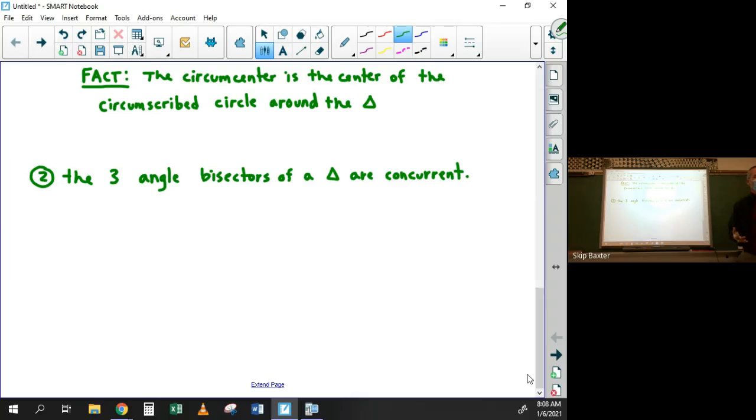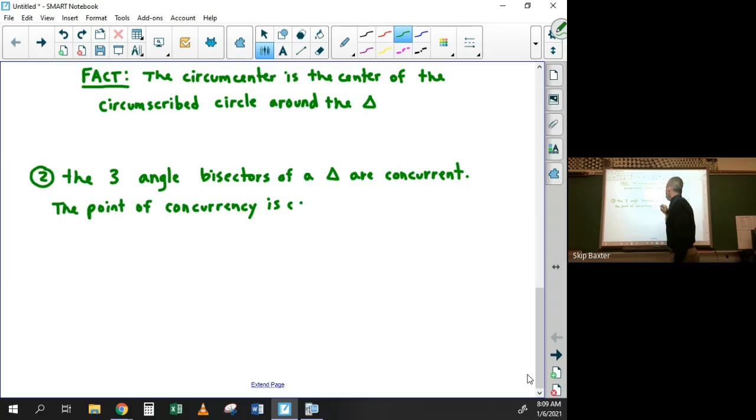This point of concurrency also has a special name. Point of concurrency is called the in-center.